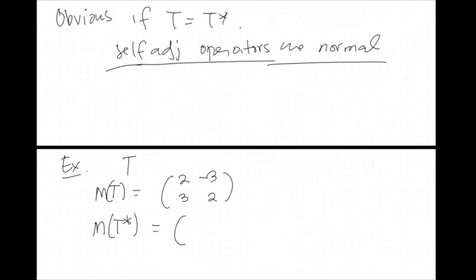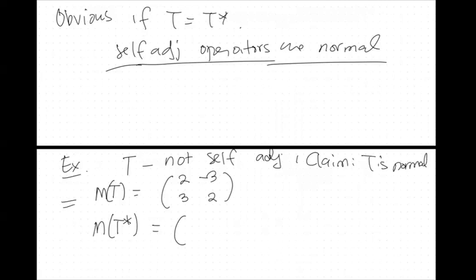So this is not self-adjoint. The claim is T is normal.